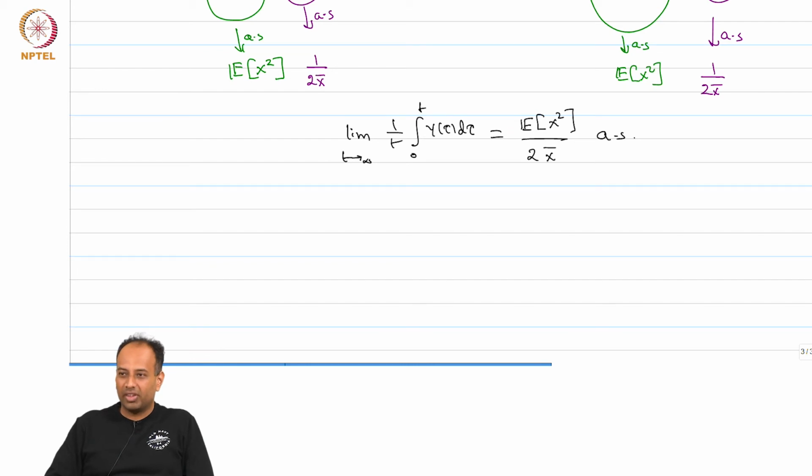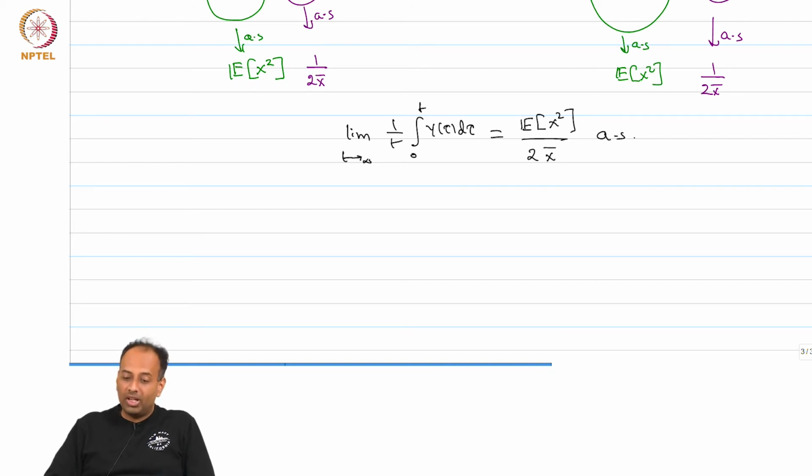What is the expectation of X squared? The second moment of an exponential random variable with parameter lambda is 2 over lambda squared. So, 2 over lambda squared divided by 2 over lambda gives you 1 over lambda. So, it checks out.